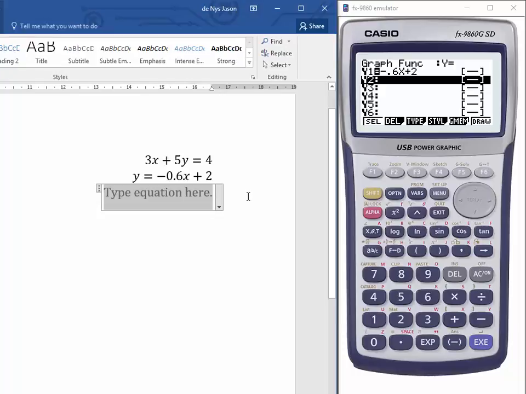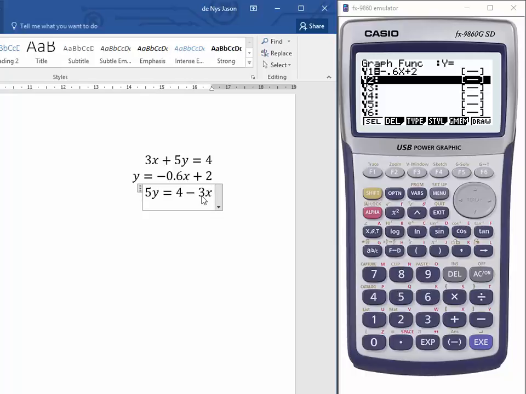So if 3x plus 5y equals 4, I want to get it in this form, so I need to have the y's on the left and the x's on the right. So let's take away 3x on the right hand side. Okay, so far so good.